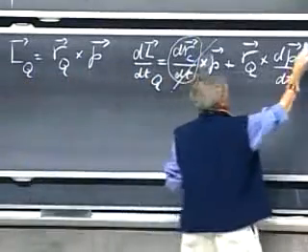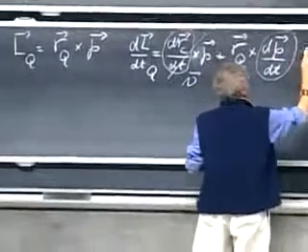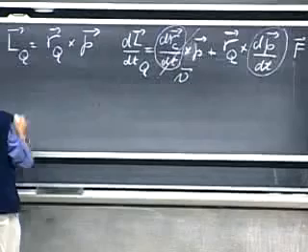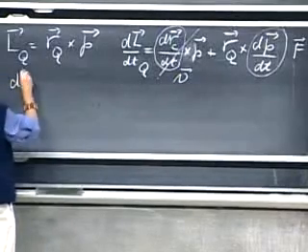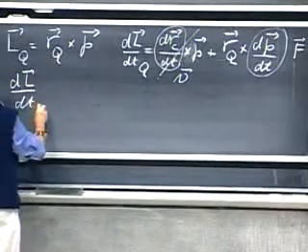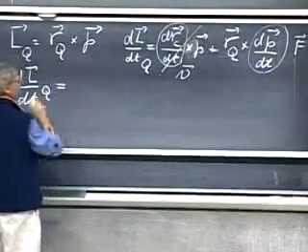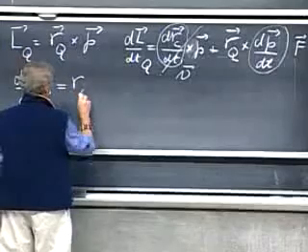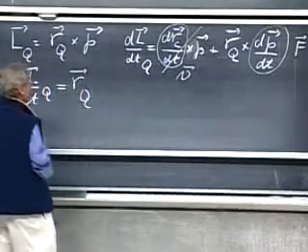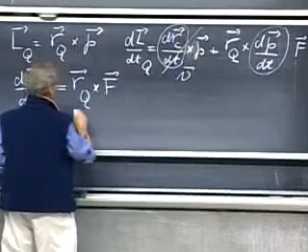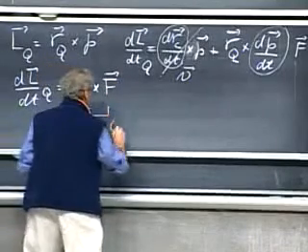dp/dt, that is the force on the object. We've seen that before in 801. And so now we have that dL/dt relative to a point Q equals the position vector r from that point cross F. And this now is what we call torque.